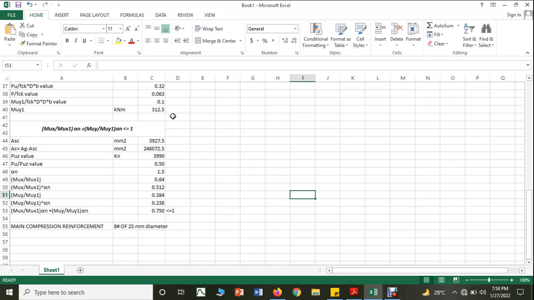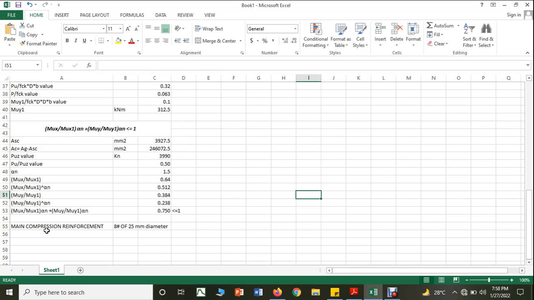So like this I can write, and finally I can give this. So this is how you are supposed to do the design of the biaxial loaded column in a practical manner.